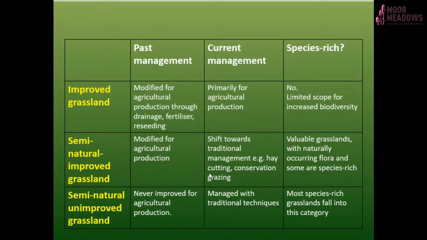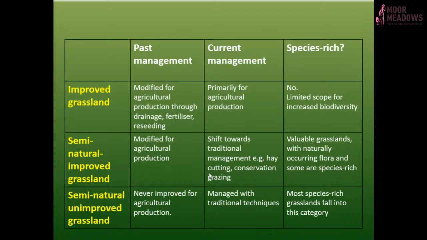Semi-natural improved grasslands have been in the past modified for agricultural production, but today they have shifted their management towards more traditional management such as hay cutting or conservation grazing that I talked about in a previous talk. They are valuable grasslands with naturally occurring flora and some are really species rich. So they are potentially really valuable and in many cases have become really valuable for biodiversity.